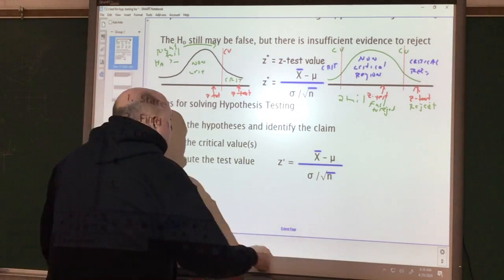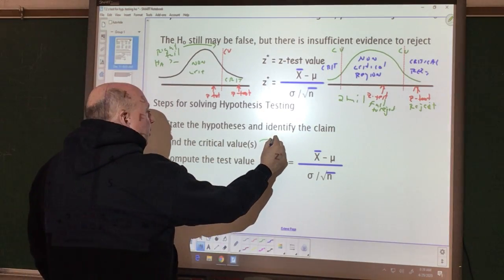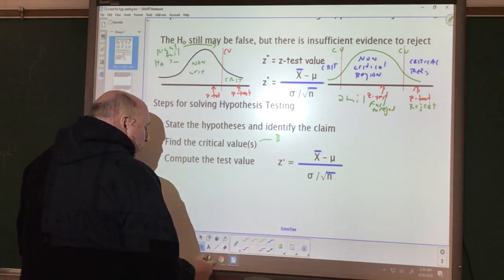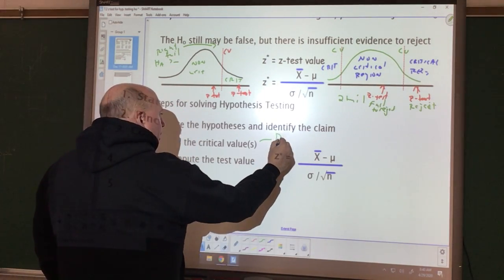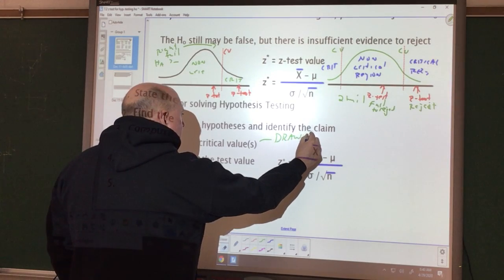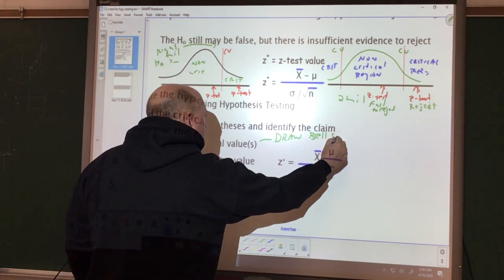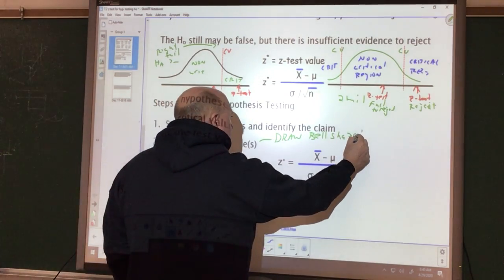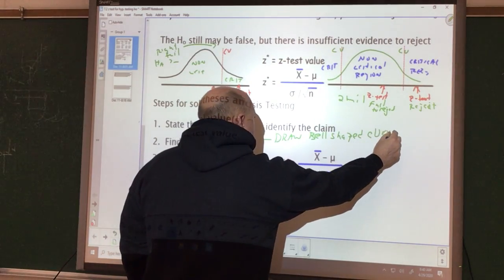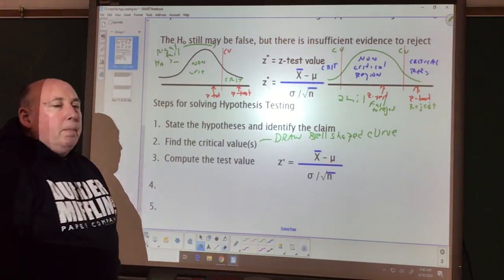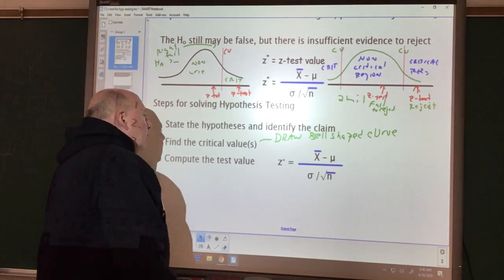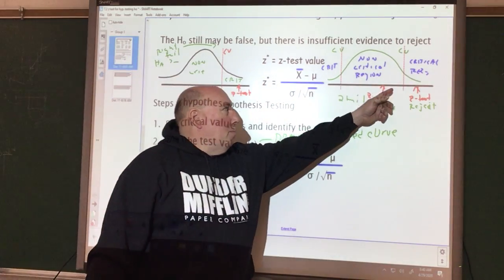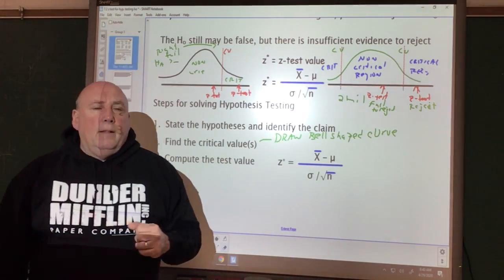And with these critical values, what you should do also is draw a bell-shaped curve. Sort of like what we did up here. Draw your bell-shaped curve, find your critical values, put your critical values in.